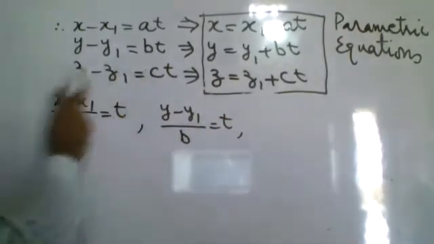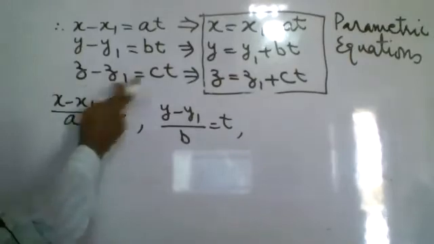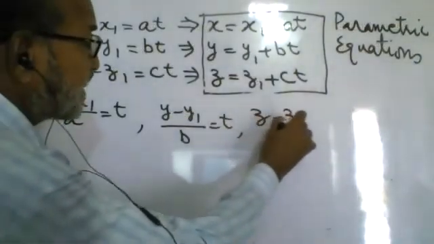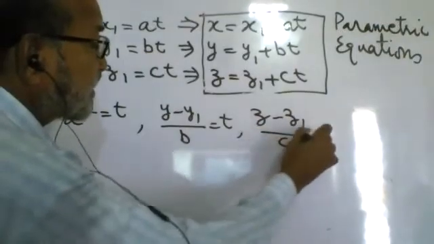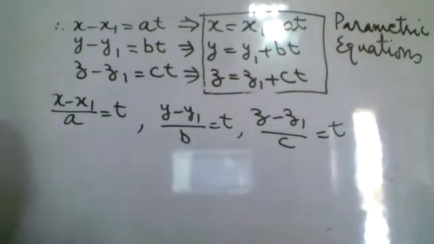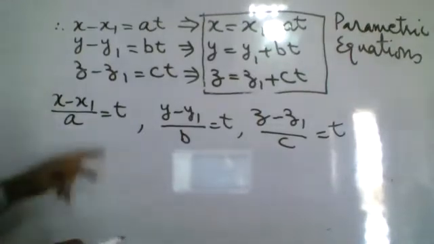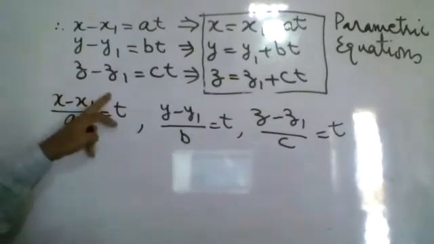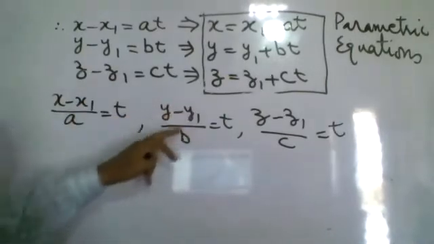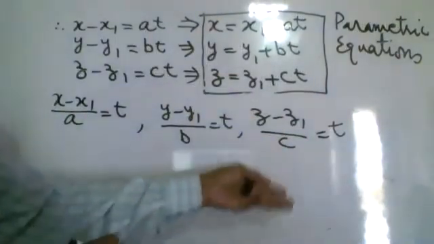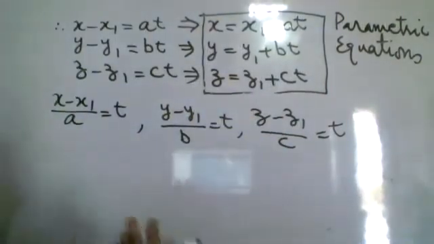In the same way, z minus z1 will be divided by c, so z minus z1 upon c is equal to t. Now you can see x minus x1 upon a is equal to t, y minus y1 upon b is also equal to t, z minus z1 upon c is also equal to t. That means all are equal.